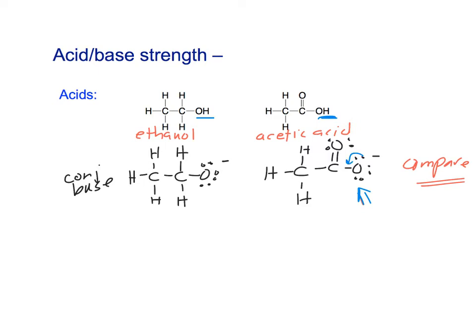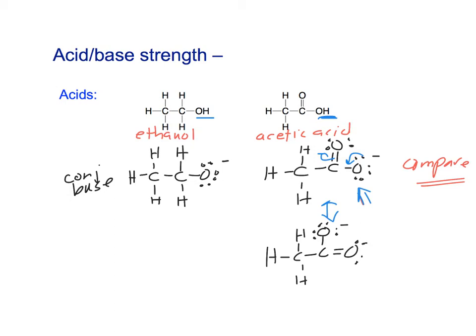So we can move these electrons this way and these electrons over here, and we can draw out a resonance structure. All right, so we saw this before.